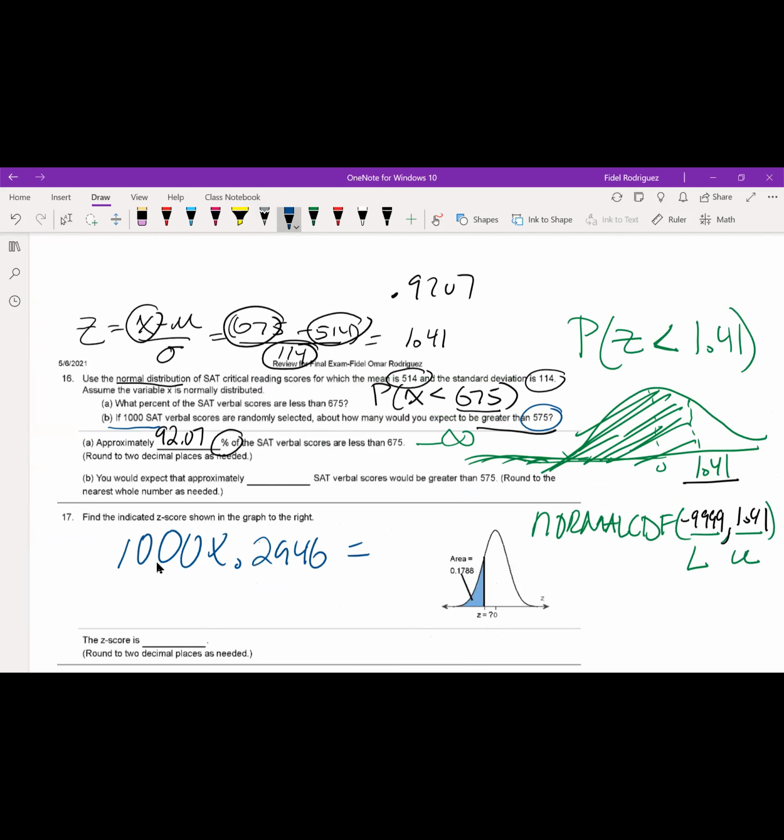So I'm going to multiply that number by 1,000, and it's telling me to round to the nearest whole number. I'm coming up with 294.5, or 294.6 actually. And if I'm going to round to the nearest whole number, I would say 295.